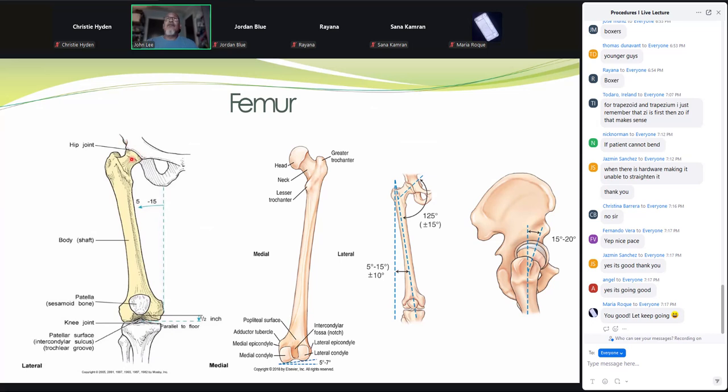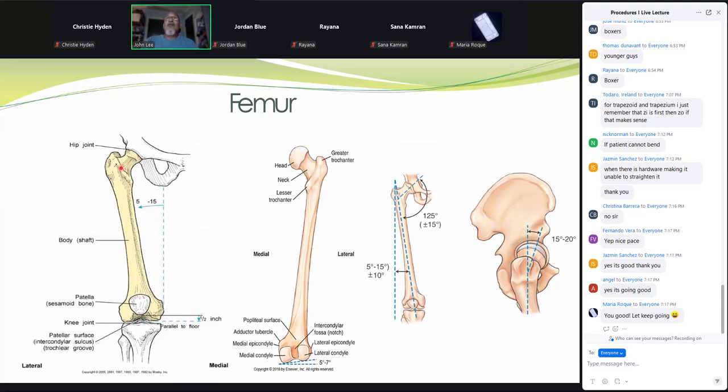The femoral head sits in the acetabulum, and we have our femoral neck, which is also the surgical neck. Remember, on the humerus, we have an anatomical neck up by the head, but the surgical neck is below the greater tubercle on the humerus. Here, the surgical neck and the anatomic neck are the same thing.